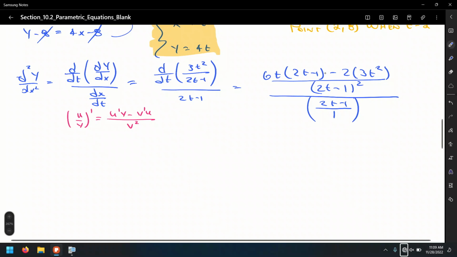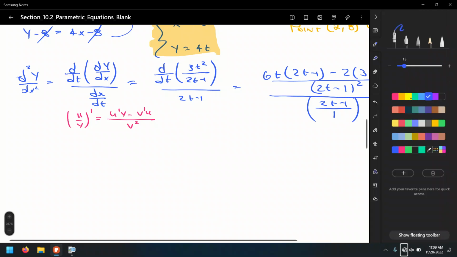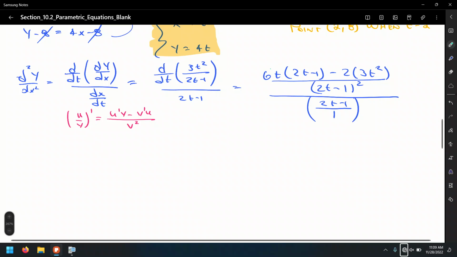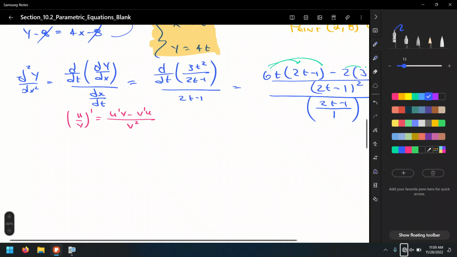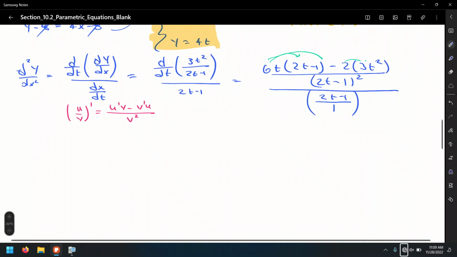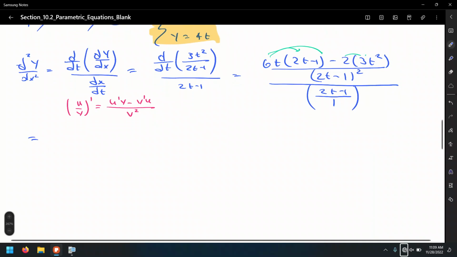All right, let's simplify this. I'm going to simplify the numerator using the distributive property: 6t times 2t, 6t times negative 1, and 2 times the quantity 3t squared. And that's 12t squared minus 6t minus 6t squared, and divide that by 1.